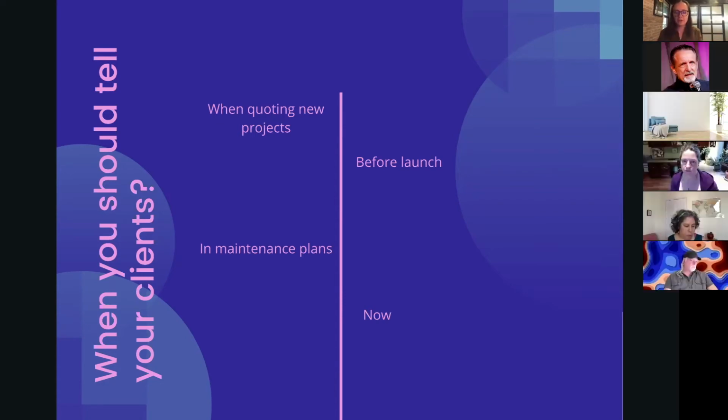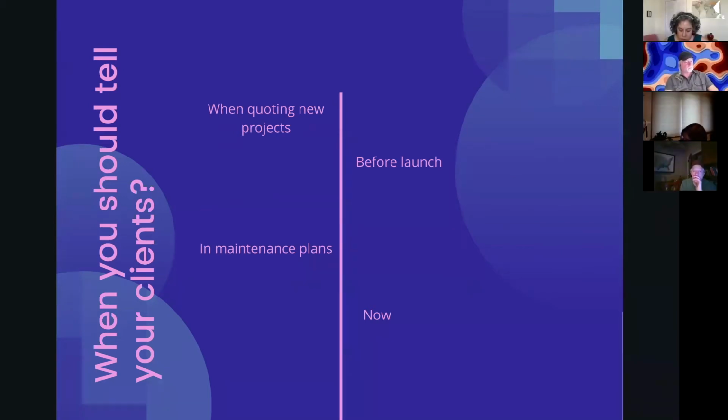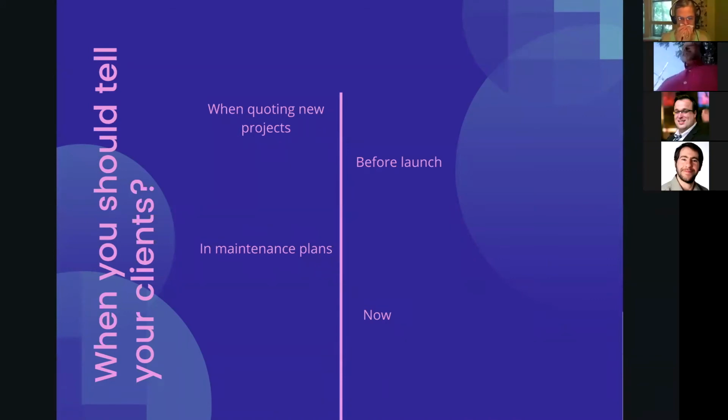Before launch, so when a website launches, that's usually when they'll start collecting personally identifiable information. So before launch is really a great time to tell them about this, because that's a great time to become compliant before you're already out of compliance. In maintenance plans, I see a lot of agencies adding a privacy policy service into a maintenance plan as an additional add-on or as a value add or an additional charge.